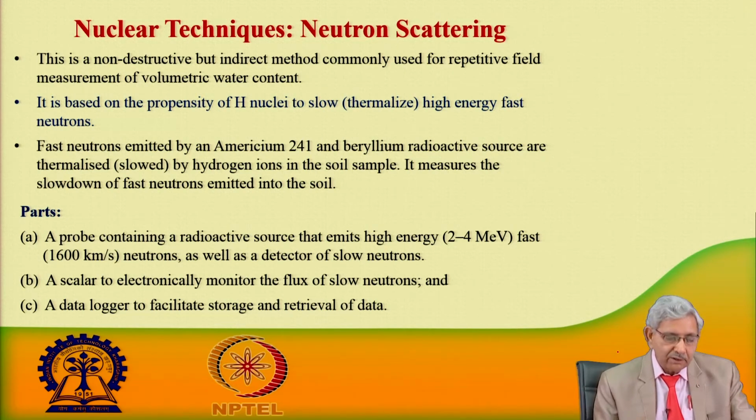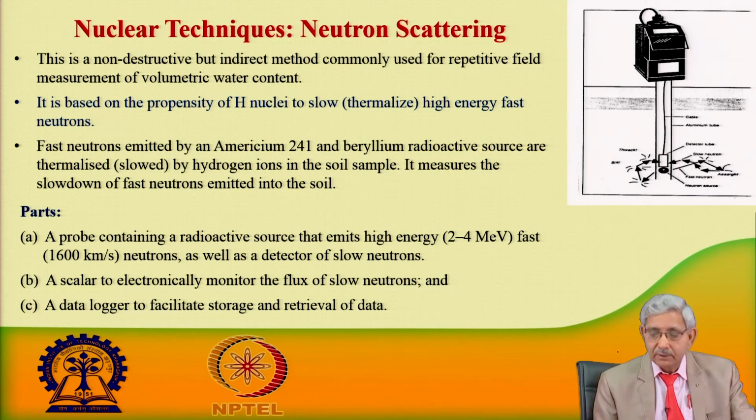Fast neutrons emitted by a source of americium and beryllium are thermalized, slowed down by the hydrogen present in the water in the soil. It measures the slowdown of fast neutrons emitted into the soil.